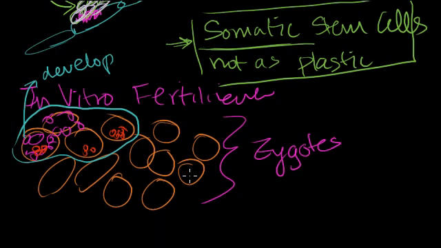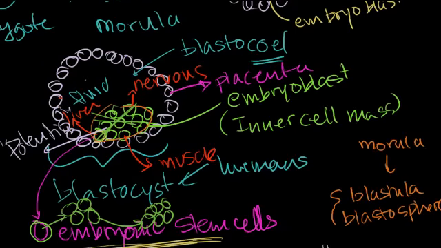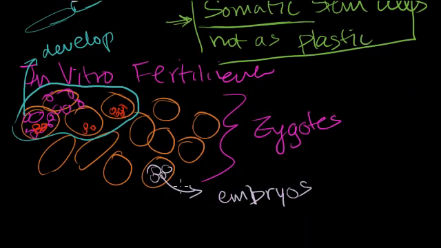But what do they do with all of these other embryos? I won't say perfectly viable, but they may or may not be viable, and they have the potential, just like this one right here, to turn into a human being. But most fertility clinics, roughly half of them, either throw these away, destroy them, or allow them to die.